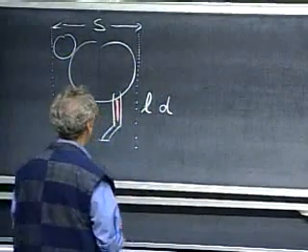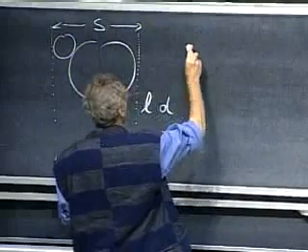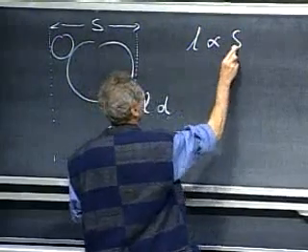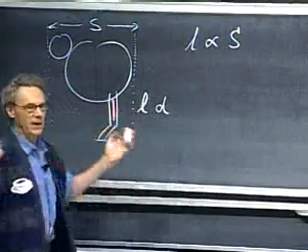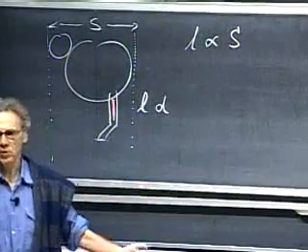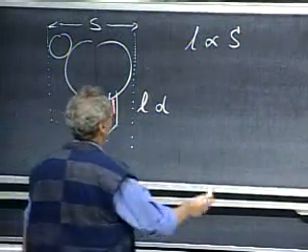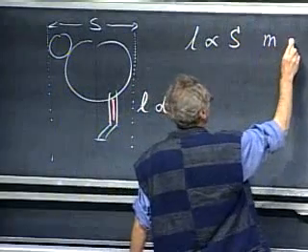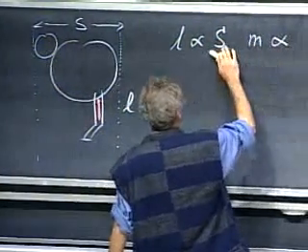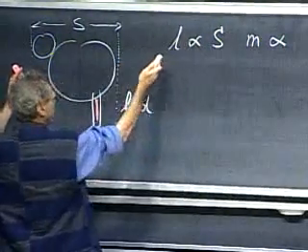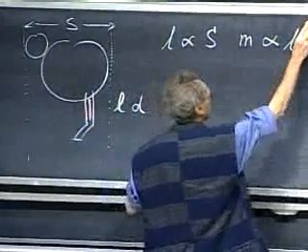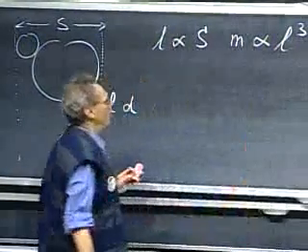It was completely reasonable to say that L will have to be proportional to S. If an animal is 10 times larger than another, its legs will be typically 10 times longer. Since the mass of the animal must be proportional to its size to the power 3, it will also be proportional to the length of the femur to the power 3.